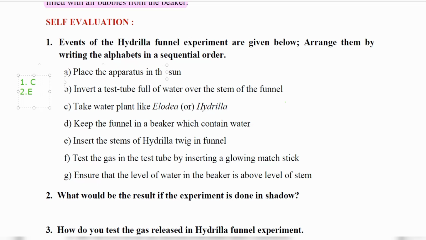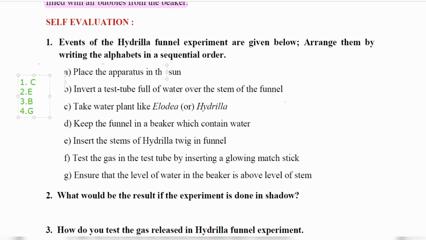Third one, B. Invert a test tube full of water over the stem of the funnel. And fourth one is to ensure the level of water in the beaker is above the level of the stem.